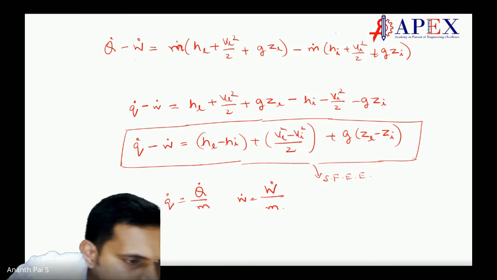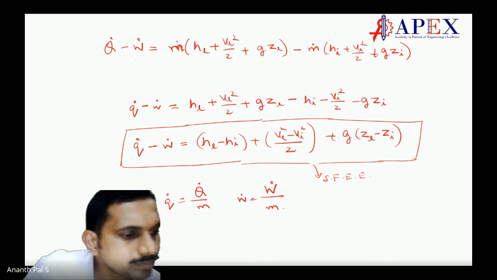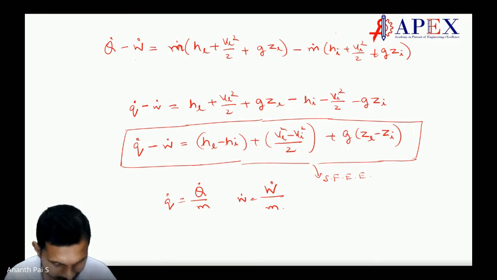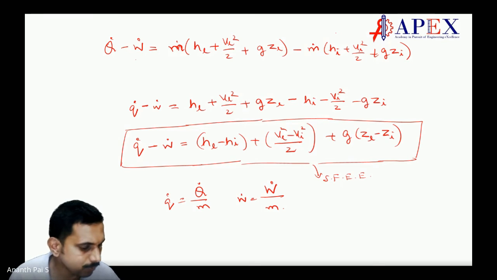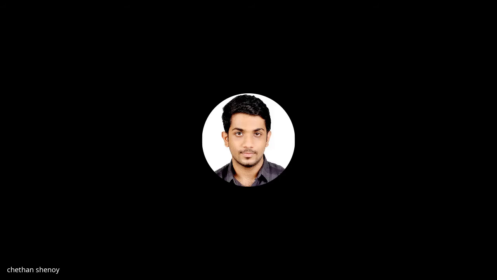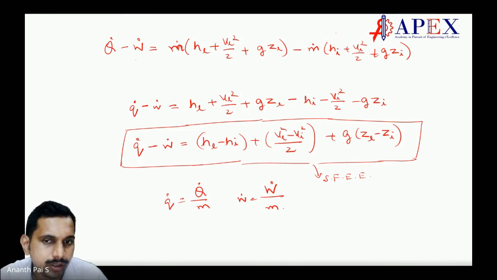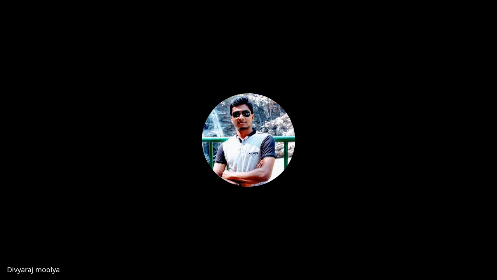Shall we go further, students? Next step is to apply the steady flow. It is Q dot by m dot.